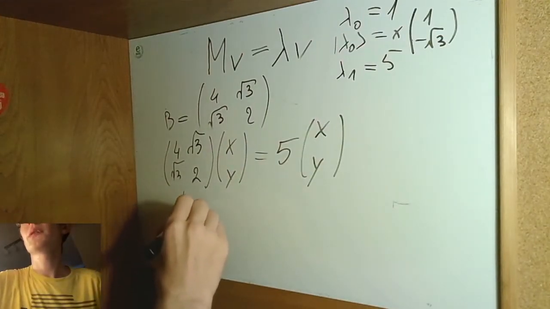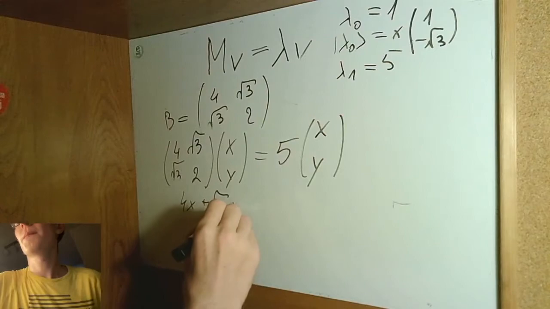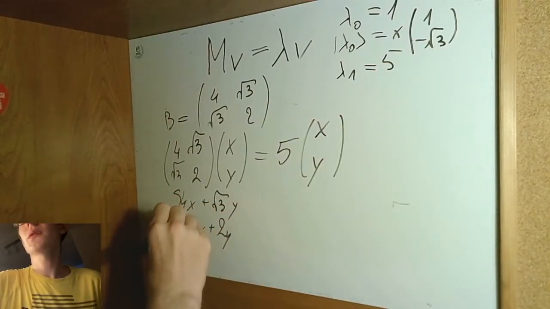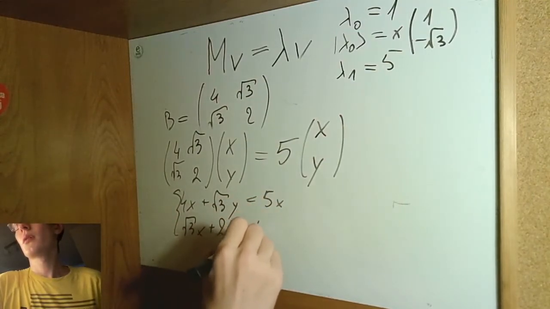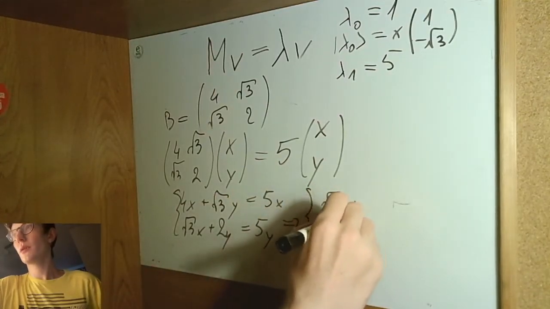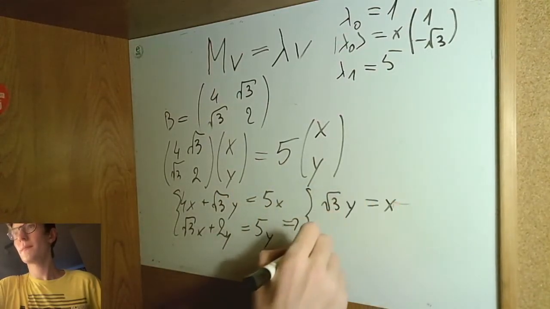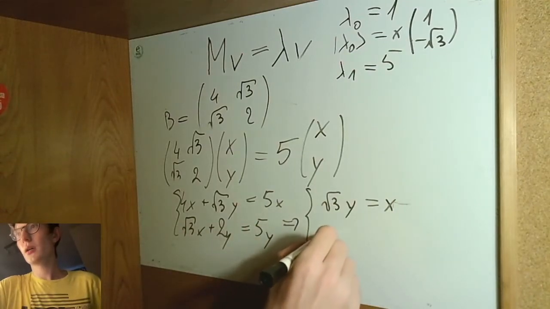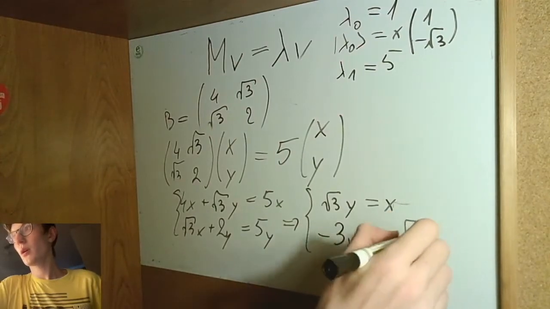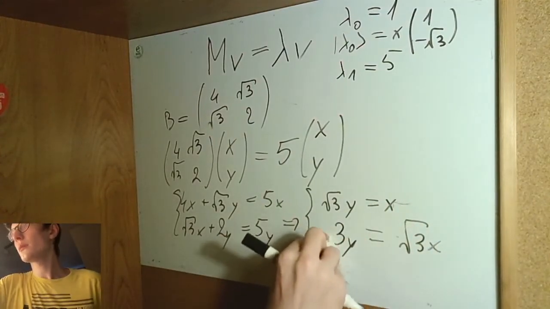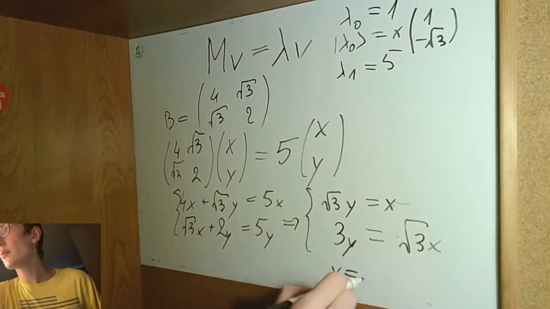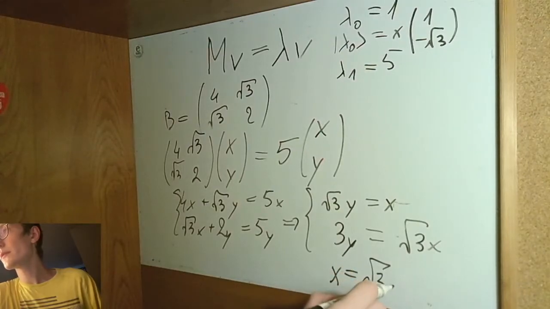So it's a bit different system of equations with different solutions. Okay, and it's square root of 3 times y equals x, and here it's minus 3y equals minus 3x. Okay, maybe this way. And we see that this time x equals square root of 3 times y, right?